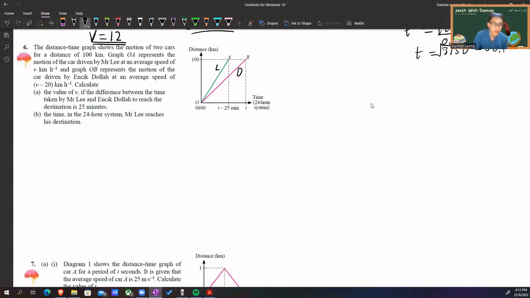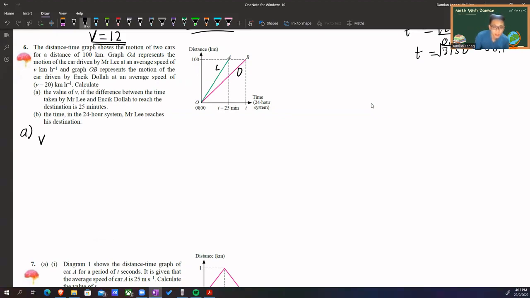You can compare the time, you can compare the speed as well actually. It's probably easier to find the time first. But either way, basically we look at average speed.